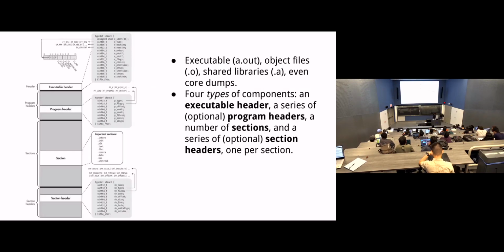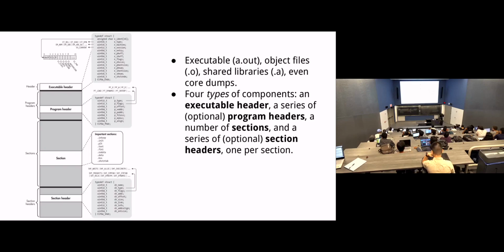So let's say this is an ELF file. Any ELF file mainly has 4 parts. One is its own header, we call it the executable header. Then there can optionally be program headers, sections, and also section headers.